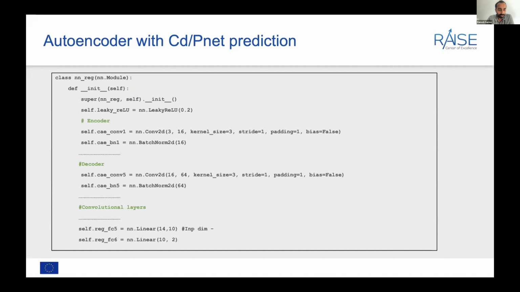So regarding the network itself, in this particular case, we have, as I said, an autoencoder which does drag and net power saving prediction. So basically, there are two different networks here. On the top is the encoder and the decoder, which are part of the autoencoder network. And then we have some fully connected network, which gives this drag and net power saving.